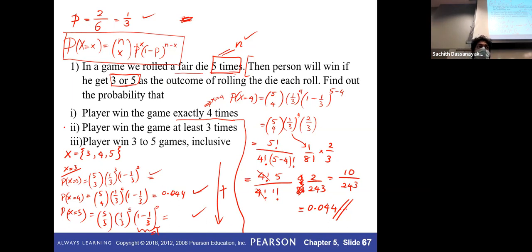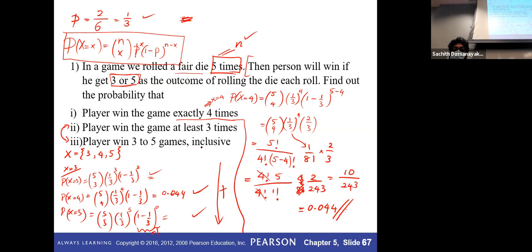Which means 3, 4, 5. Right? It is exactly the same as what we did in part 2. These two are asking the same thing, but in different ways. Clear?